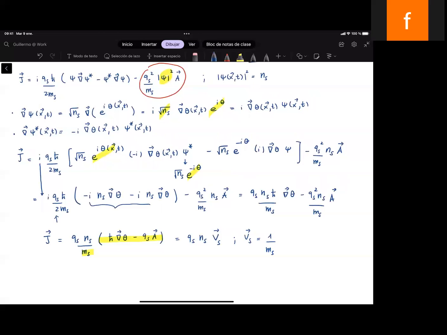And then the current density of the fluid needs the charge density and the velocity. This is called the superfluid velocity.